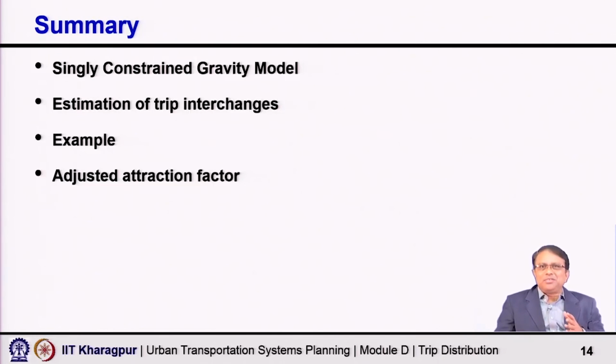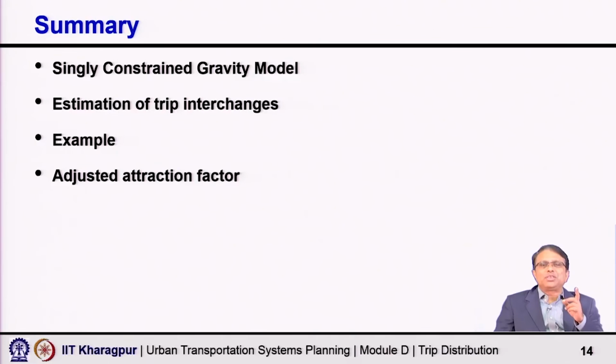So, what we discussed in this lecture is about the singly constant gravity model, why we call them singly constant gravity model, then also mentioned to you the singly constant may be production constant, may be attraction constant, then how we estimate the trip interchanges, what are the steps we follow stage wise, and then we took an example and explained to you how you apply it.